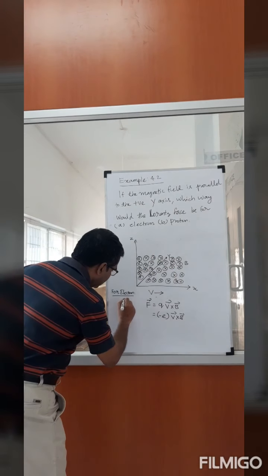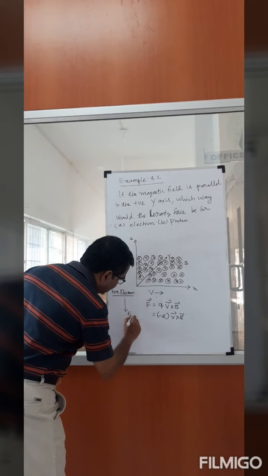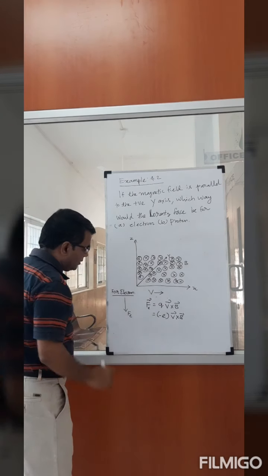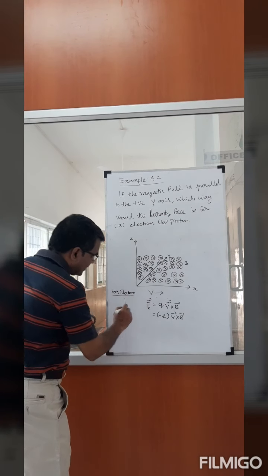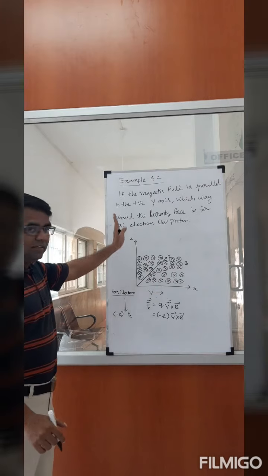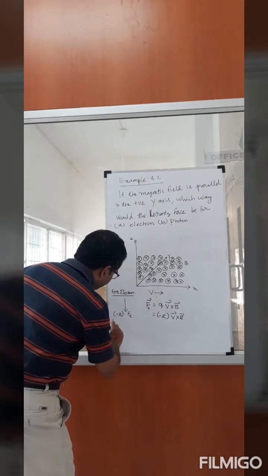So this is the force experienced by the electron, and that is along the negative Z direction. Now this is Z and this must be negative Z. What about proton?